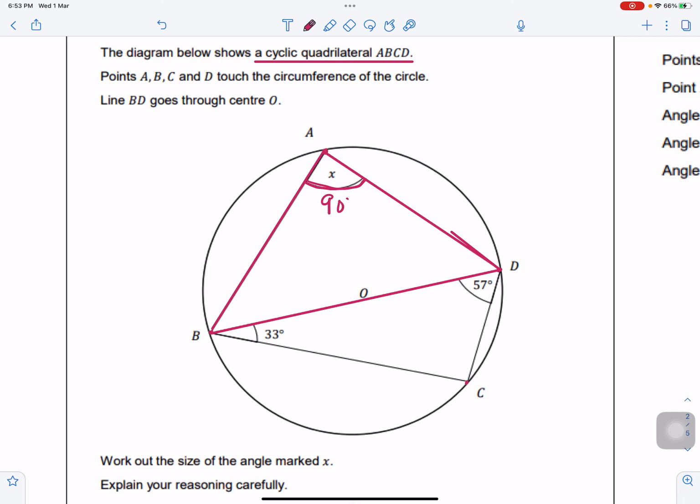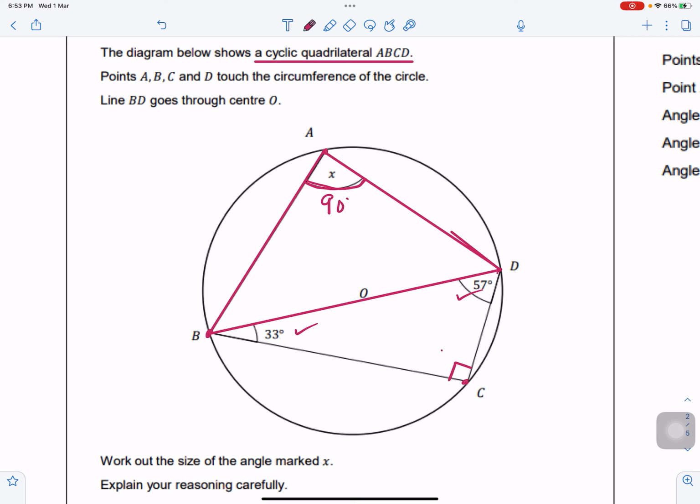Let's look at it from the other perspective also. If you look at this triangle BCD, these two angles are given to you. If you add them up and subtract from 180, what answer will you get? Okay, 180 minus 33 minus 57.